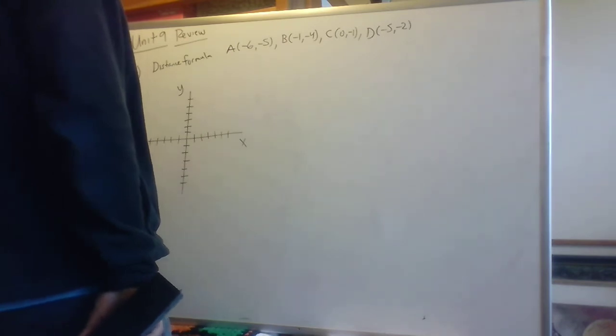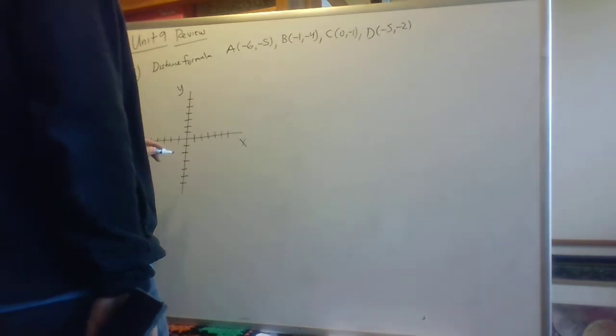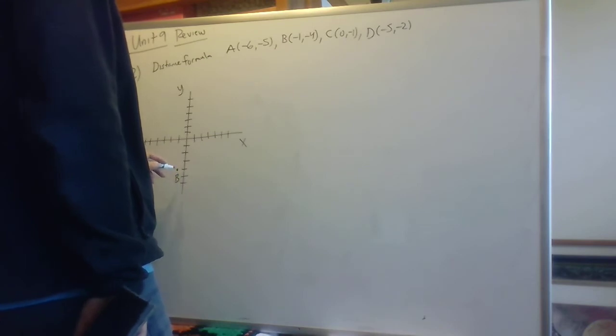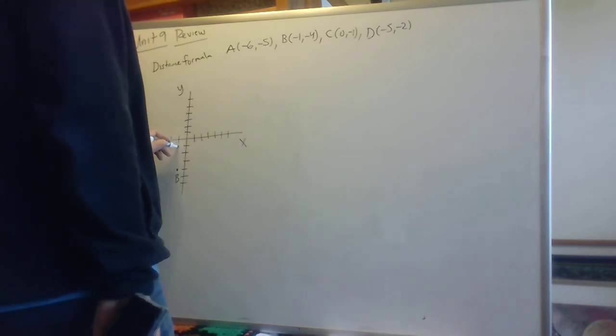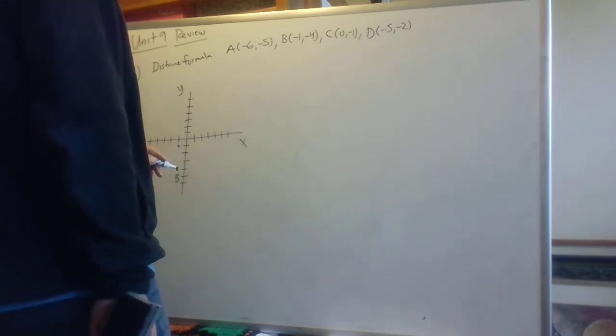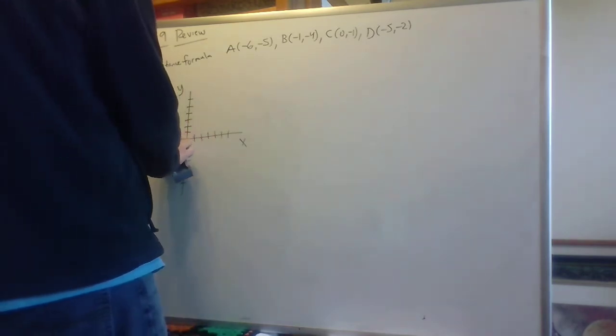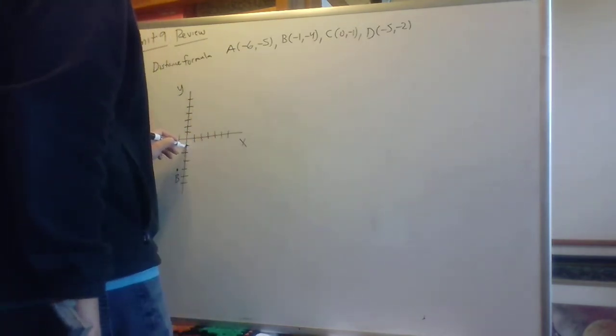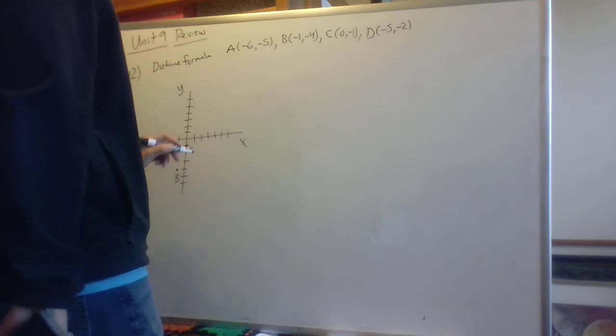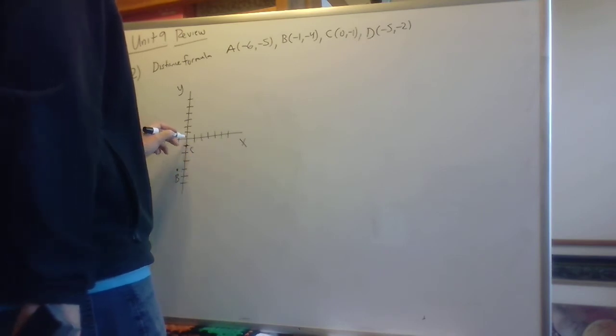So right here is A. We have B is at -1, -4, right here. C is at 0, -1, and that is right here. And D is at -5 and -2.